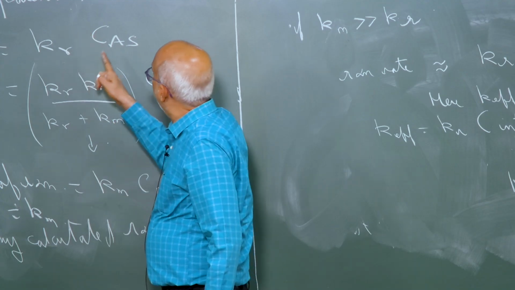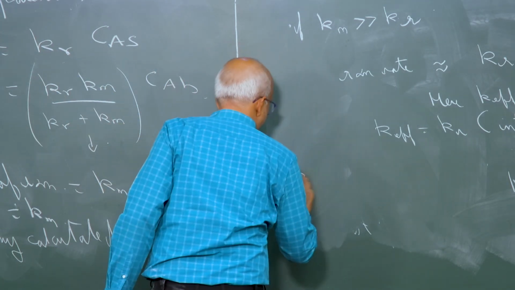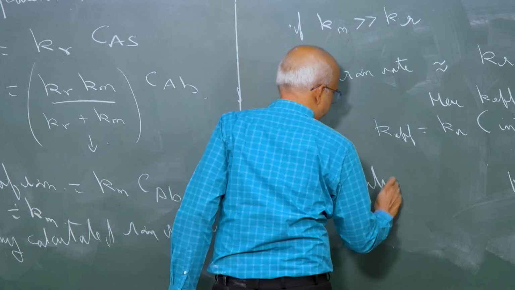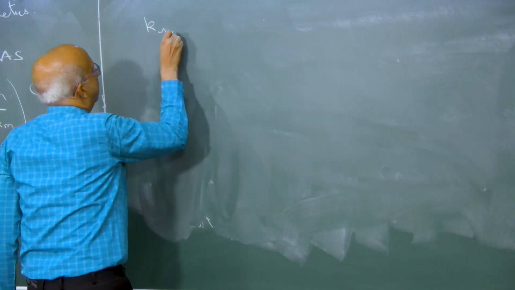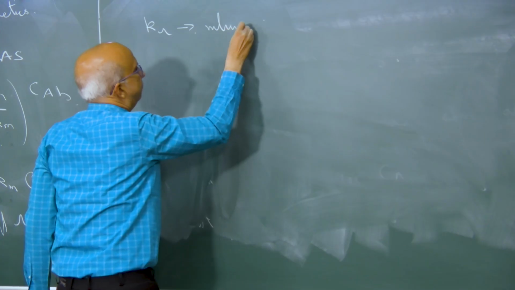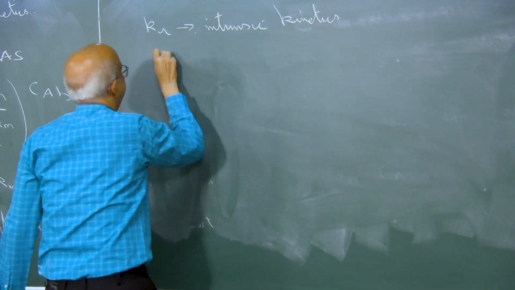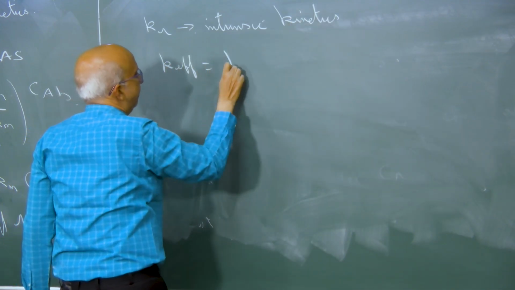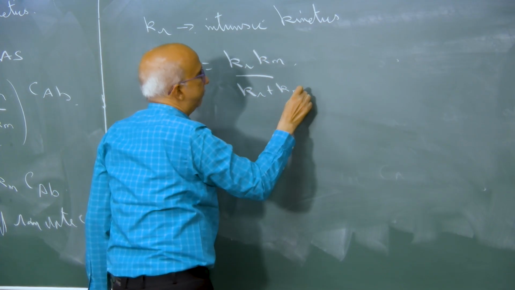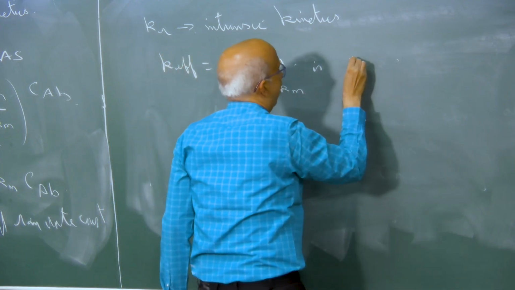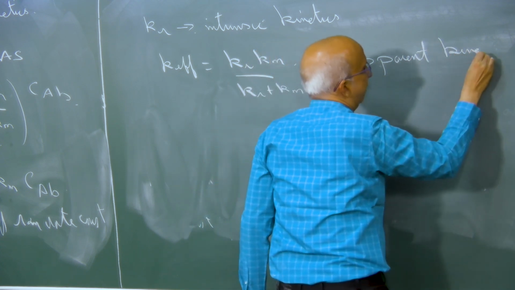So, when I said apparent kinetics and real kinetics, Kr is the intrinsic kinetics. Let me write this neatly. So, Kr is the intrinsic kinetics, K effective, which is Kr Km divided by Kr plus Km, is the apparent kinetics.